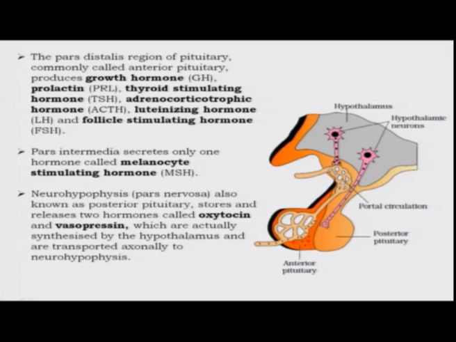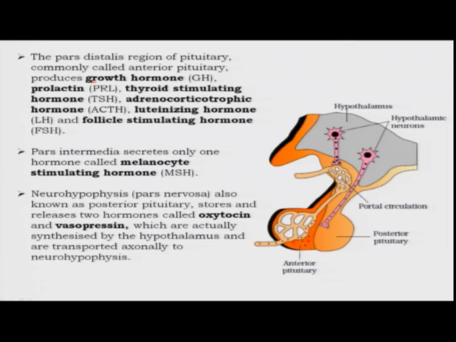Okay. So, what are the hormones that are produced by the pars distalis? You have already kind of heard them in the context of the releasing hormones that are produced from the hypothalamus. So, the first of these is the growth hormone, which is abbreviated as GH. Second is prolactin, which is called PRL. Thyroid stimulating hormone, which is called TSH.